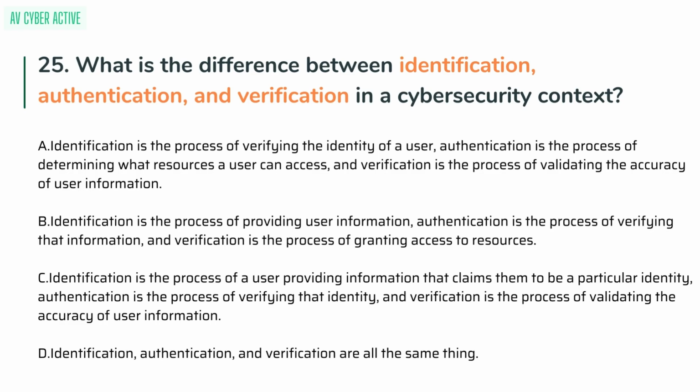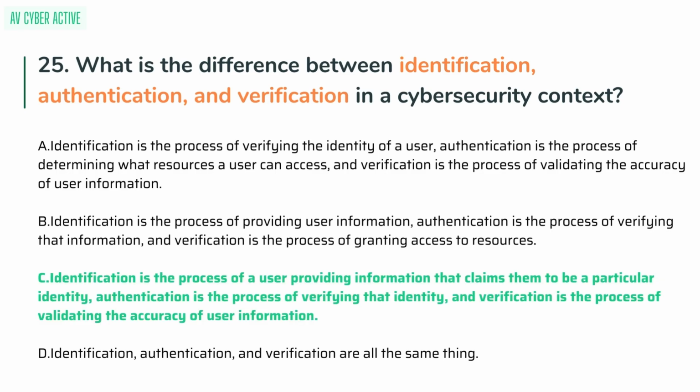Authentication is the process of verifying that information, and verification is the process of granting access to resources. C. Identification is the process of a user providing information that claims them to be a particular identity. Authentication is the process of verifying that identity, and verification is the process of validating the accuracy of user information. D. Identification, authentication, and verification are all the same thing.